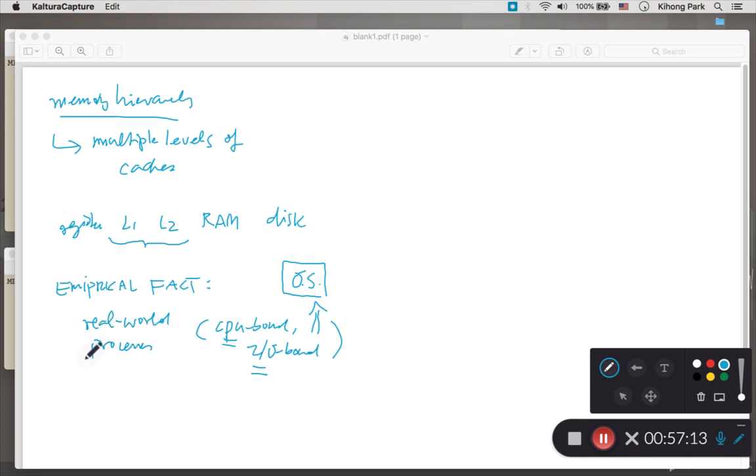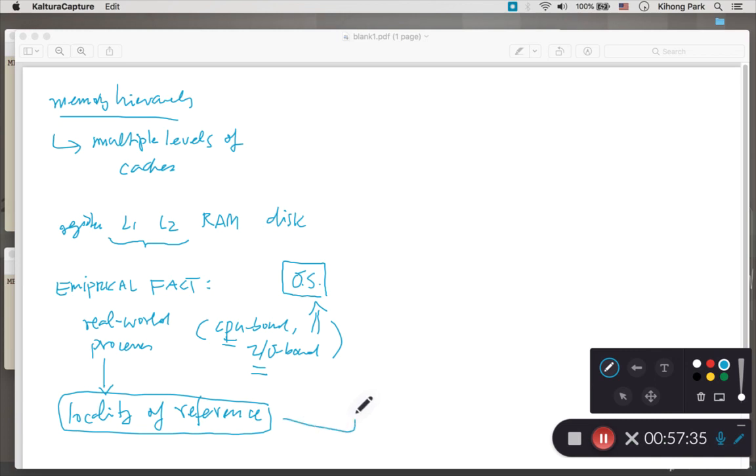Here, in a similar vein, an important finding over many years is that in real world environments where we have processes being created that are running apps of different types, for the most part, they tend to obey an important property called locality of reference. What that means, roughly speaking, is that we have code, that is instructions, and we have data.